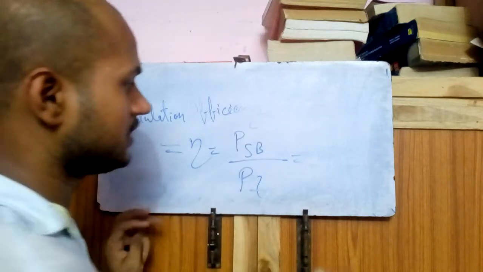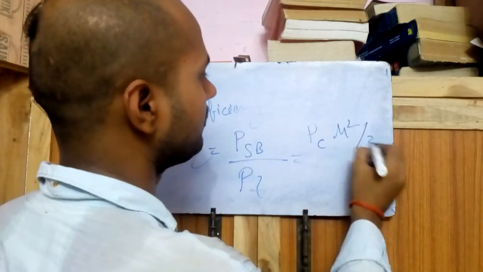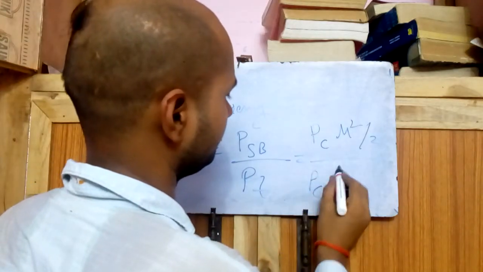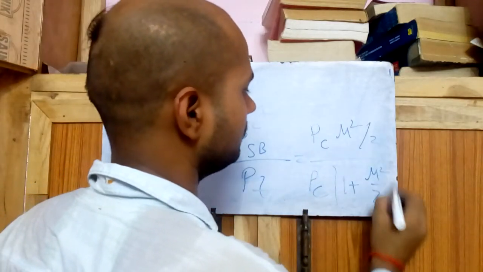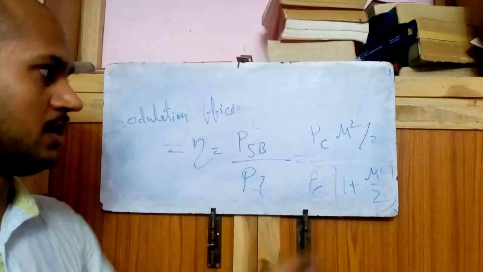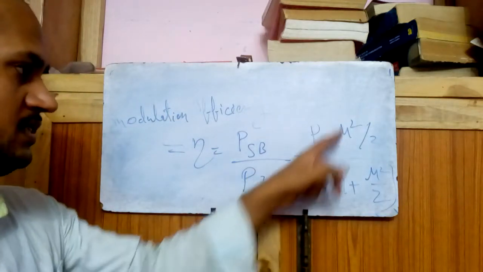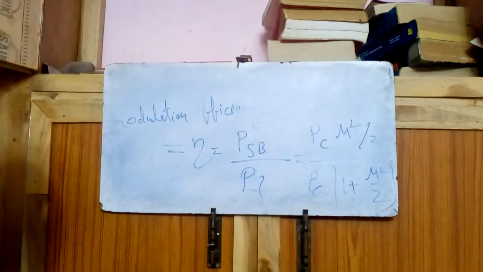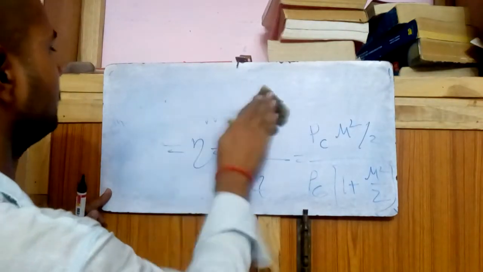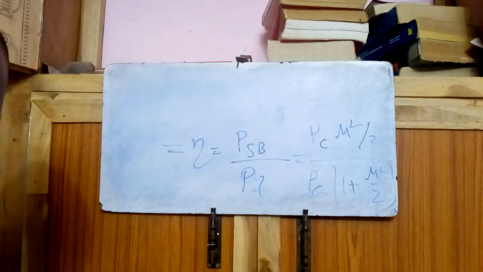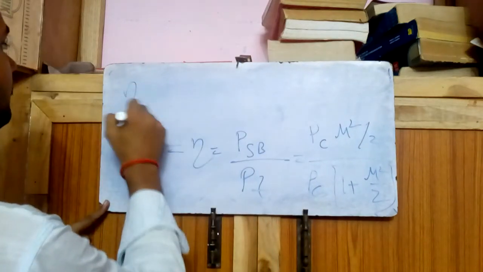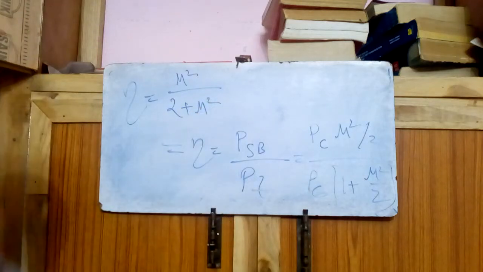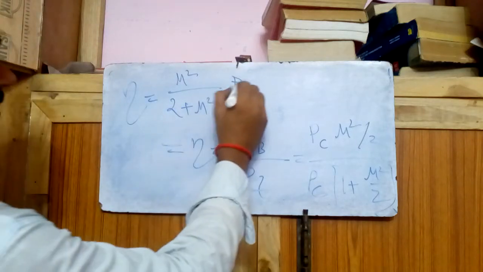Put the formula. Psb is Pc mu square by 2 and Pt is Pc into 1 plus mu square by 2. Solve it. Pc cancels. So eta will be mu square by 2 plus mu square. Important formula.